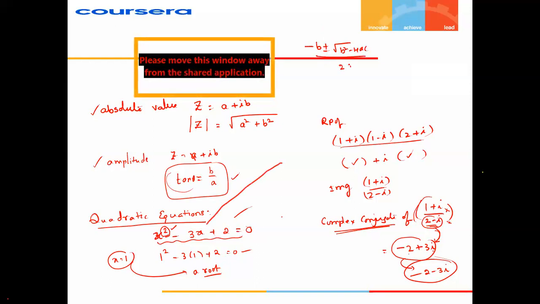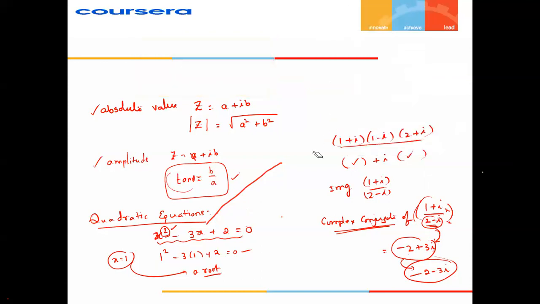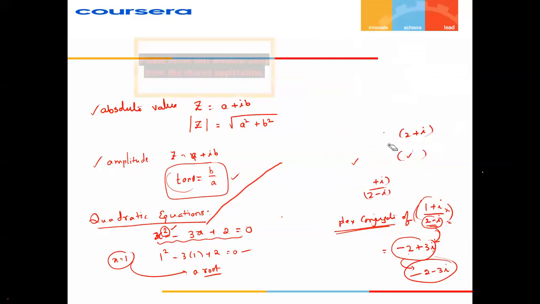I hope you recollect this formula, right? If ax square plus bx plus c equals 0 is the quadratic equation, then we can get x by using this formula. We need not go for factorization.